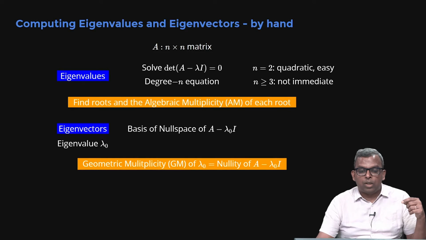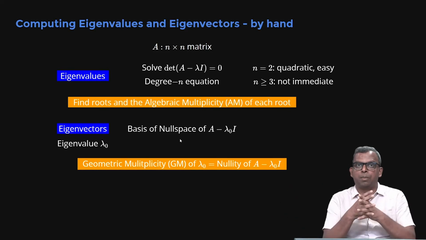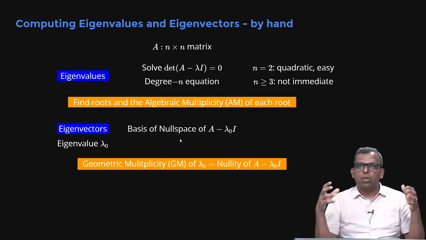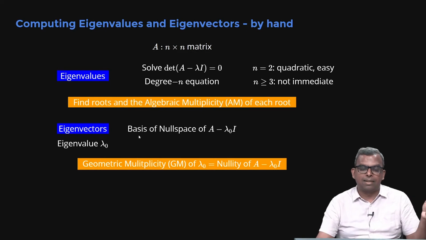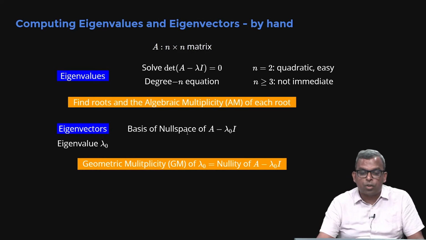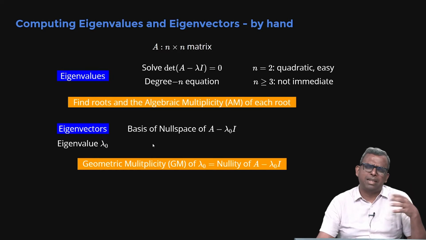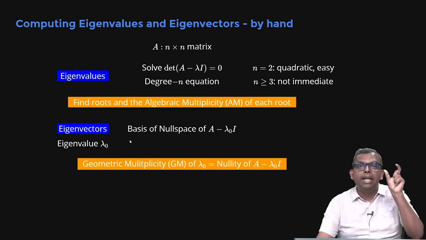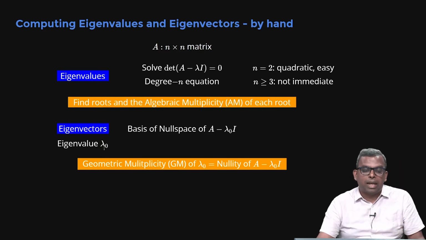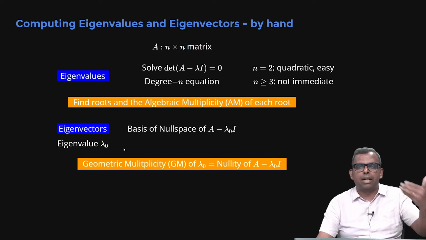Now, the null space is a linear subspace, so you have a lot of vectors. What people usually find is a basis, so you find a basis for this null space. If you find a basis for the null space of A minus lambda naught I, you get the linearly independent eigenvectors with eigenvalue lambda naught. So that's the typical recipe.